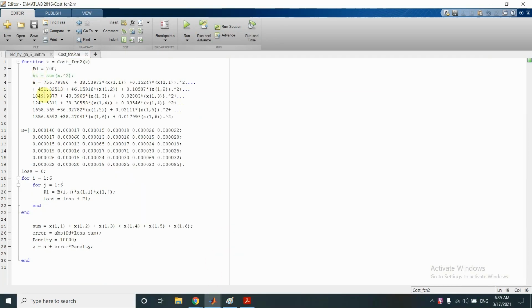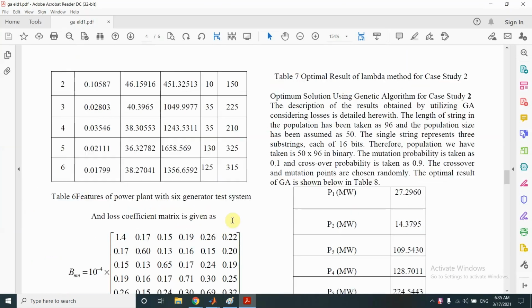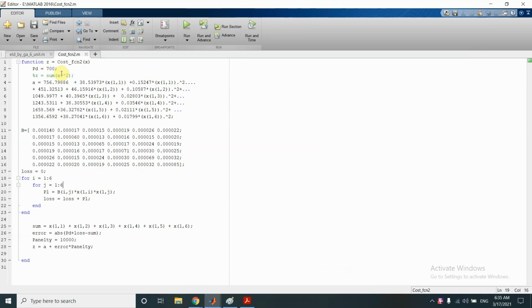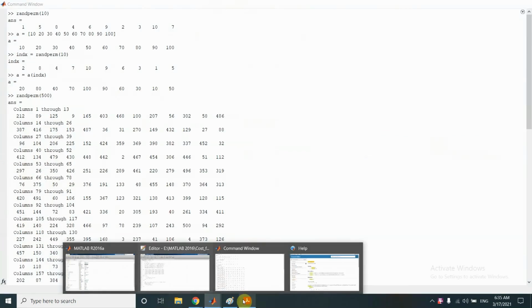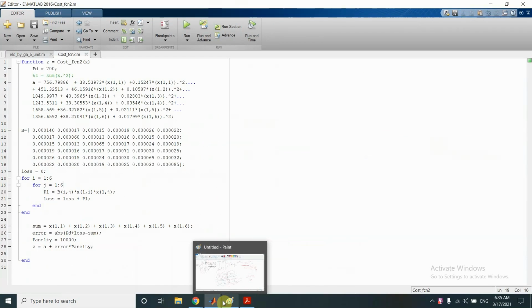So now we have the cost coefficients from this paper. First, we will calculate the cost. The cost is calculated by multiplying the cost coefficients of that respective unit with the respective generation.